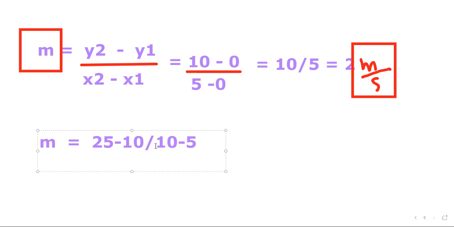So we will have 25 minus 10 is 15 over 10 minus 5 is 5.